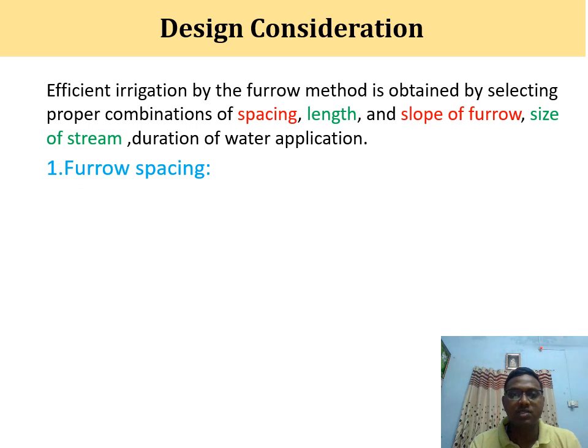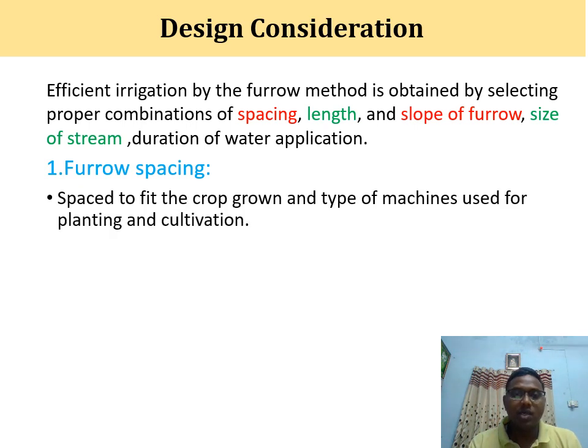First point we will see is furrow spacing. The spacing should fit the crop grown and the type of machine used for planting and cultivation. So it is first decided on the basis of which type of crop you are growing, what its standard spacing is, and what machine you are using, bullock drawn or tractor driven.